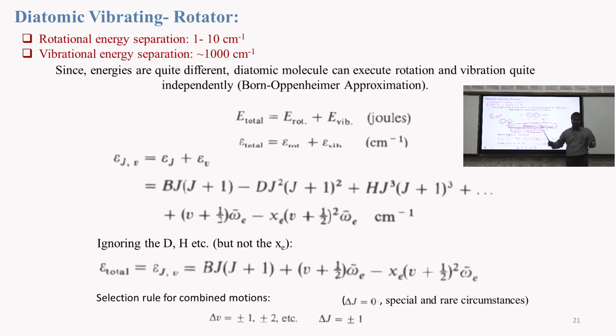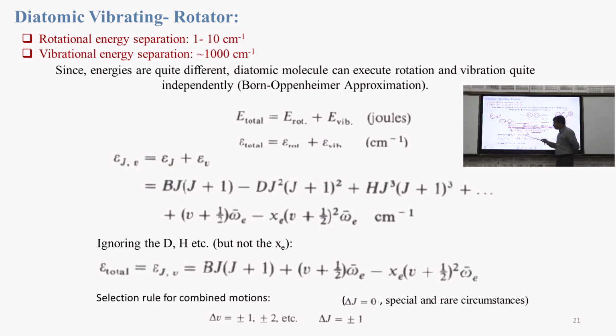In most IR experiments, the instrument resolution is around 4 wave numbers. So if their contribution is 0.0002, it doesn't matter whether you include it or not, because you cannot verify it experimentally, since the experimental resolution is only 0.4 or 0.2.